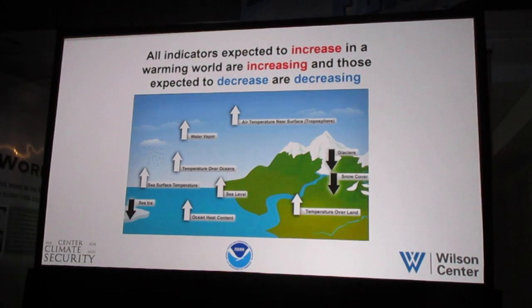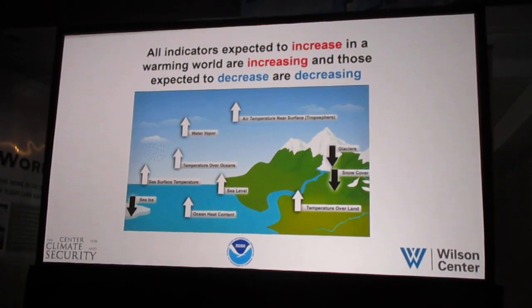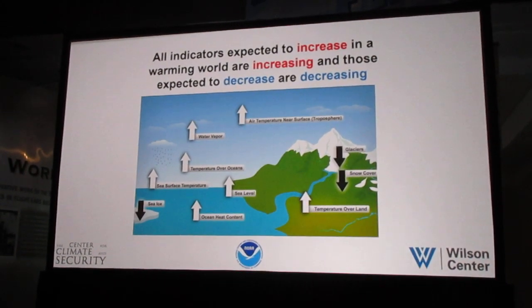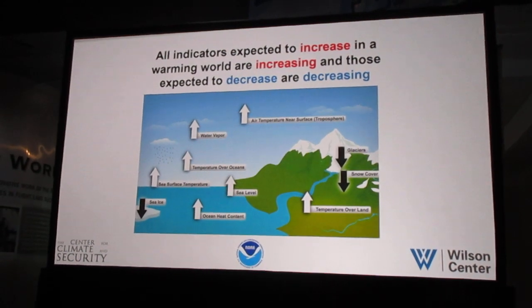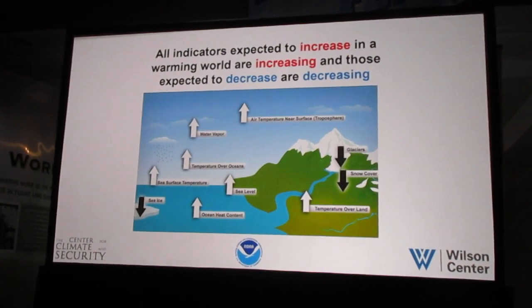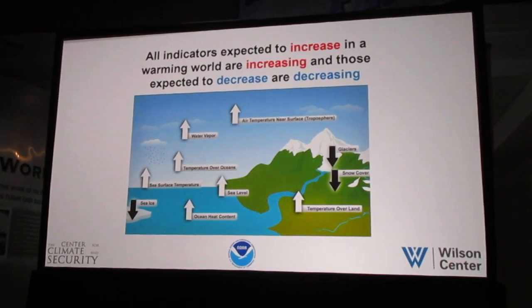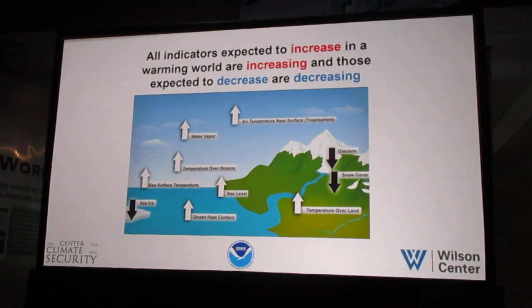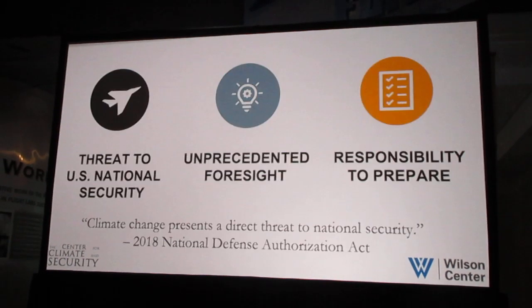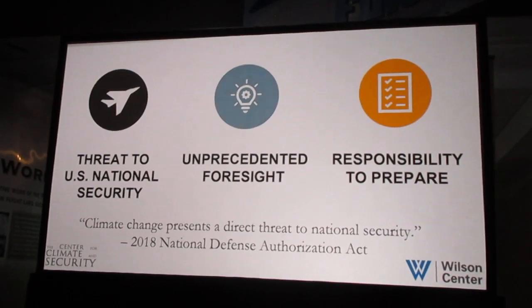So the summary is, all the things we expect to increase in a warming world are increasing. Things we expect to go down, like sea ice and snow cover, our glaciers are melting, our sea ice is retreating. They're all changing.